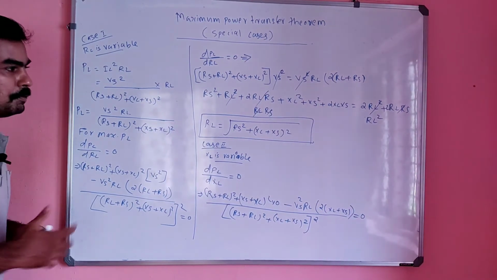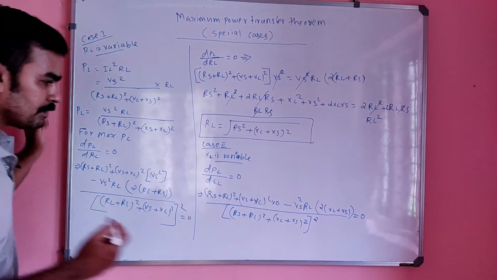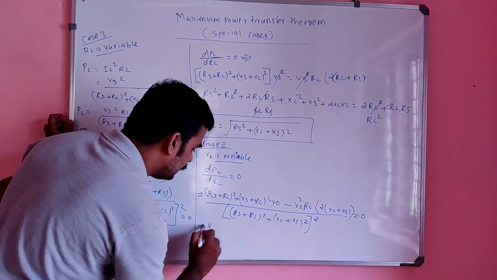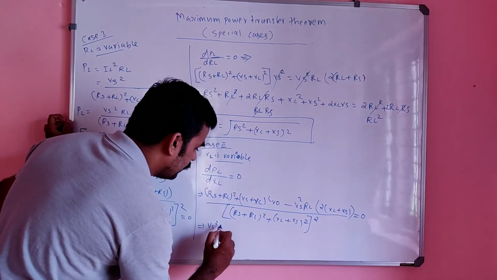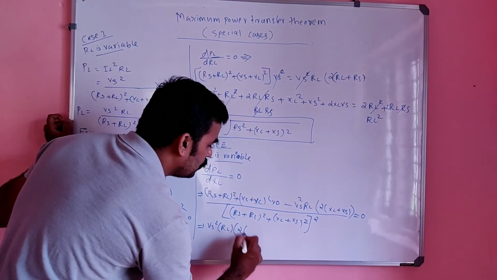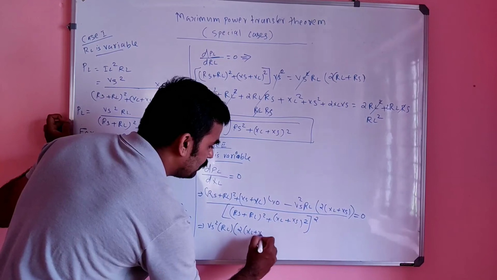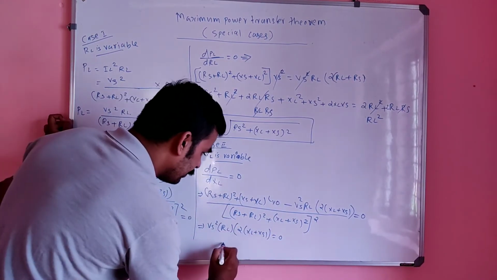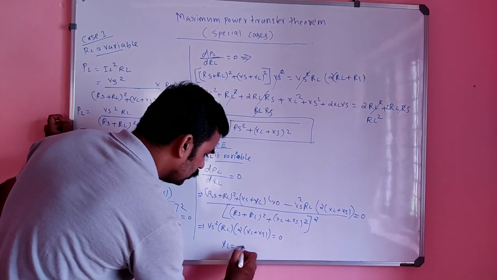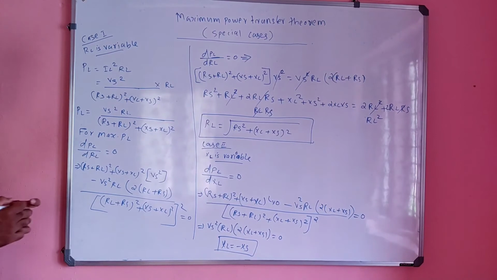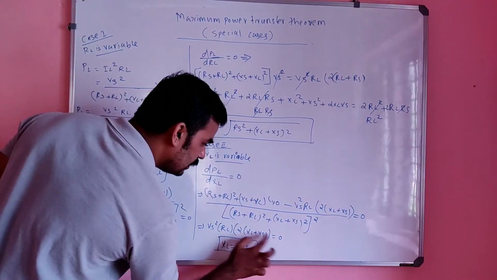So this goes to 0. It simply implies Vs square into RL into 2 into XL plus XS equal to 0. Or simply you can write XL equal to minus XS. Nothing but XL equal to minus XS here.